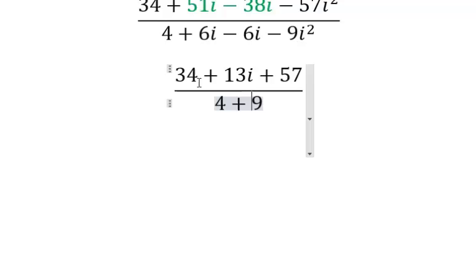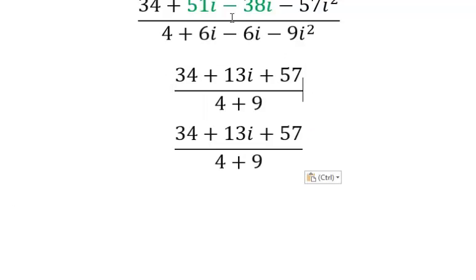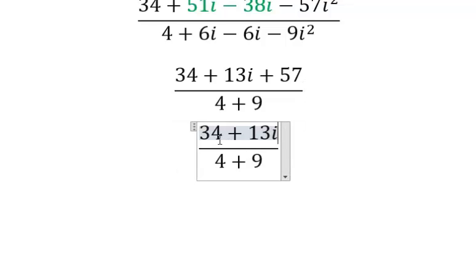So all we have to do now is simplify like terms again. These are real numbers, so we can add them. 34 plus 57 is 91. And 4 plus 9 will be 13.